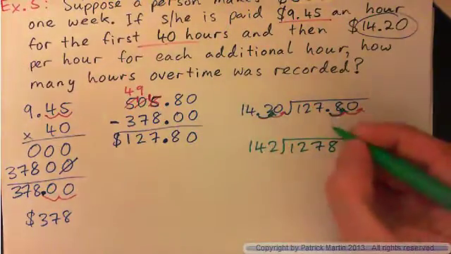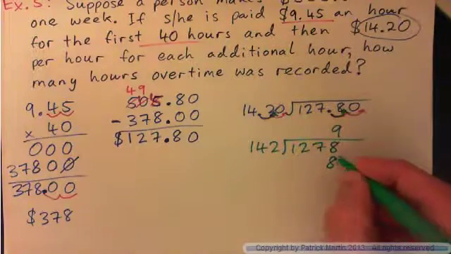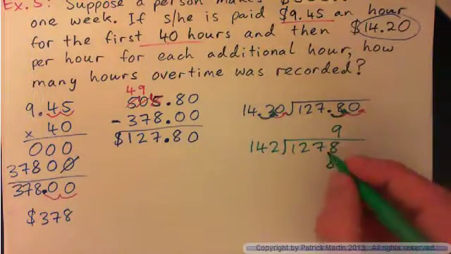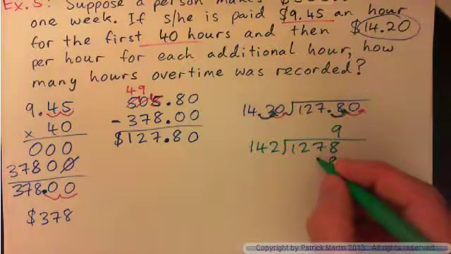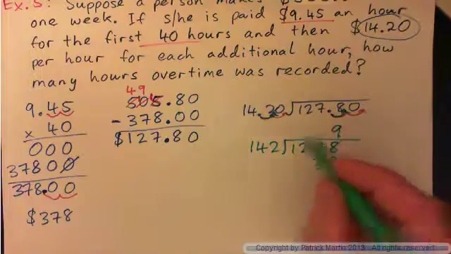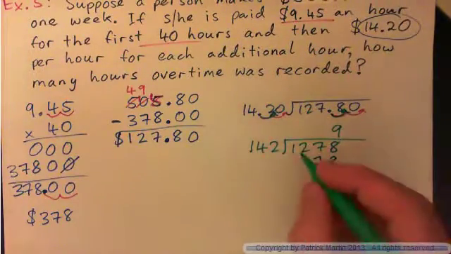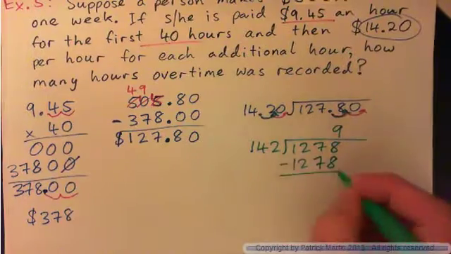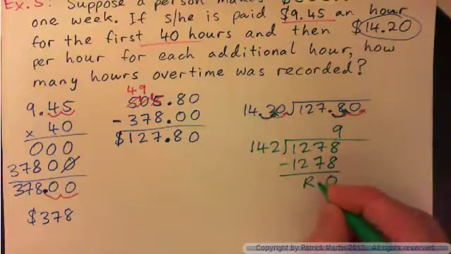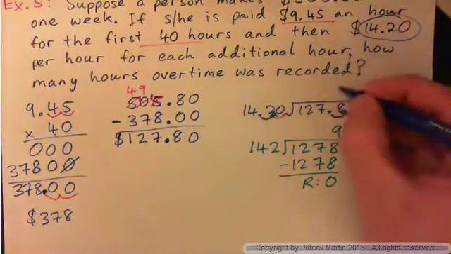I'm going to guess 9, see what happens. 9 times 2 is 18, carry the 1. 9 fours is 36, and 36 and 1 is 37. Carry the 3. 9 ones is 9. 9 and 3 is 12. And then subtract. Remainder 0. So, this into this gave me 9.